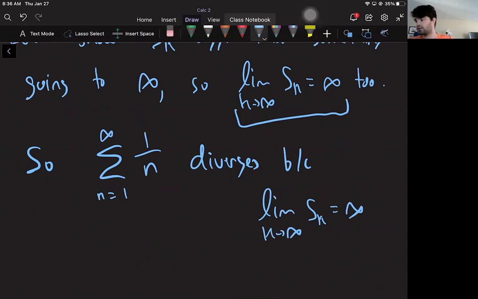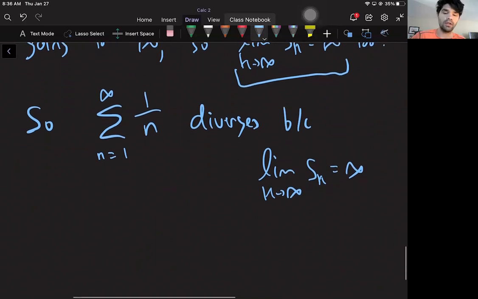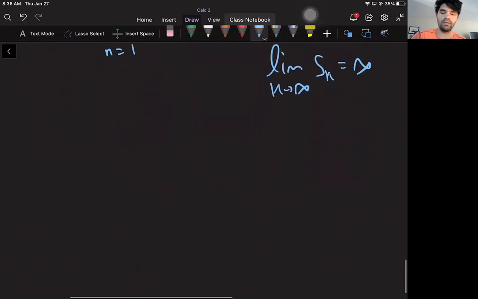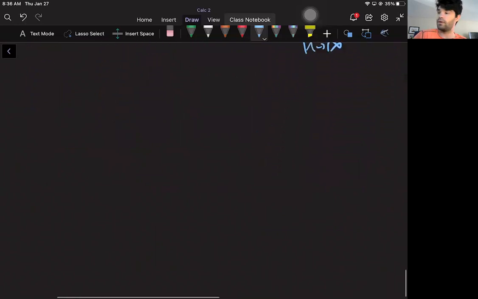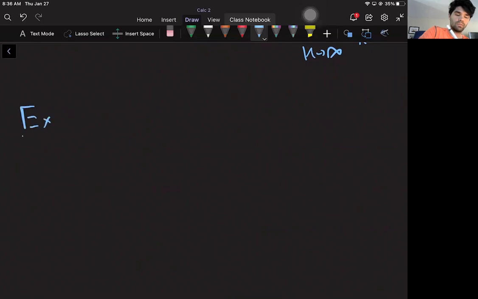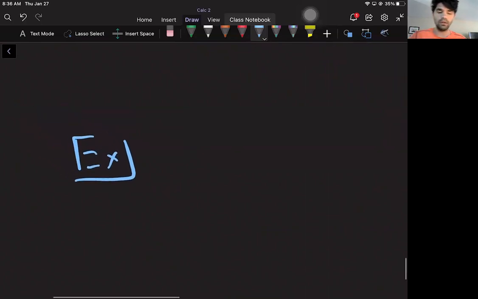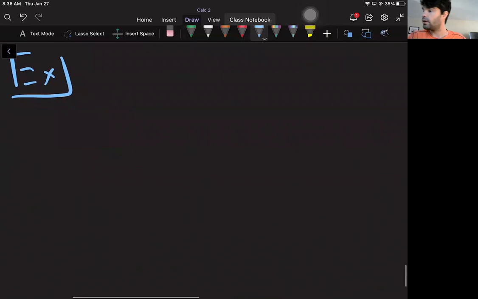Okay, so that is a very challenging problem, but it displays a good technique and also the need for learning more techniques later that will simplify things. But for now, we're going to do a couple more examples similar to this one. Okay, so here is the next one. Let's look at this one.